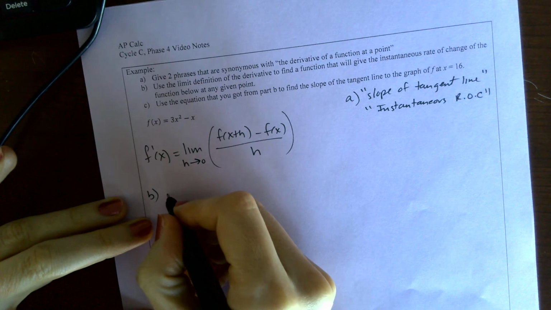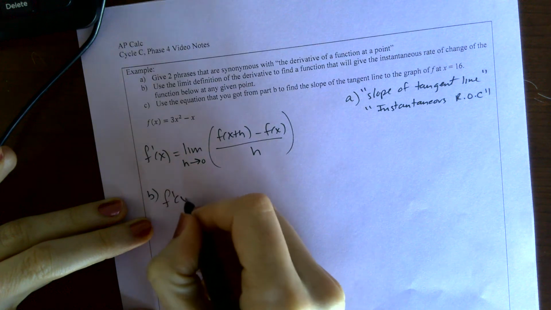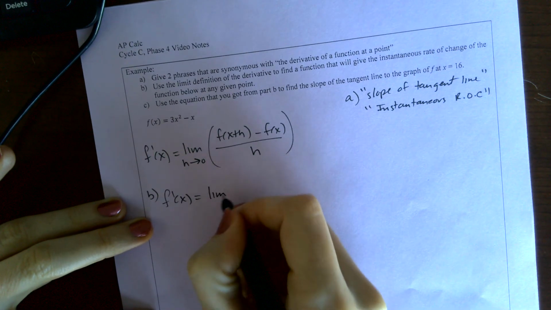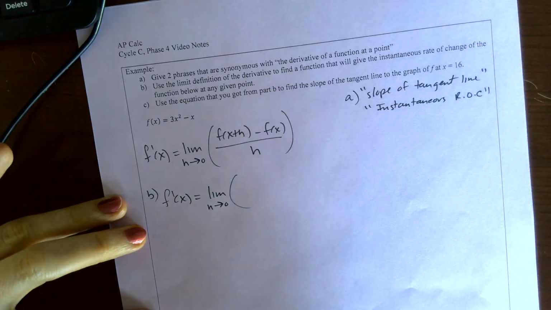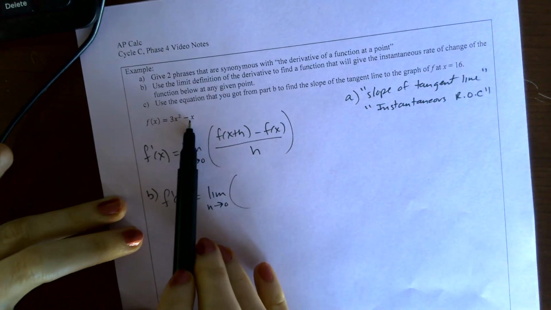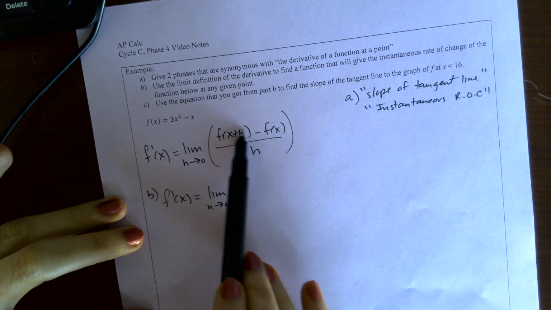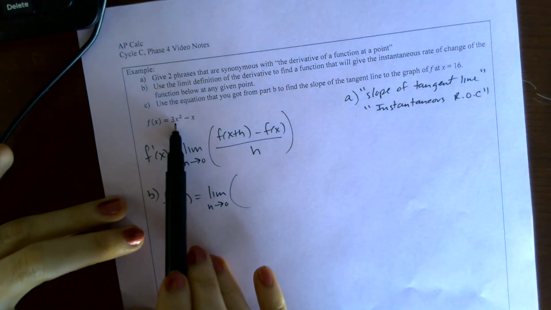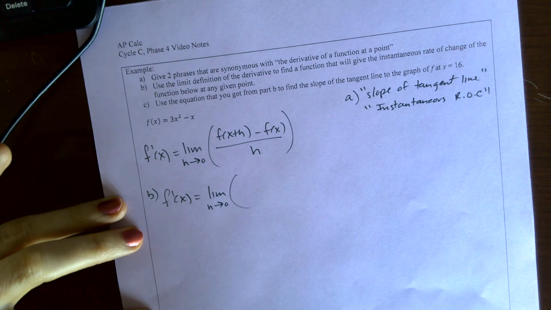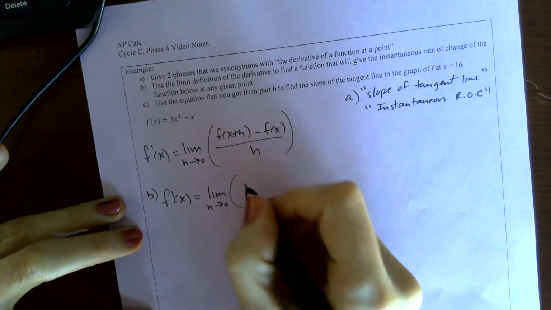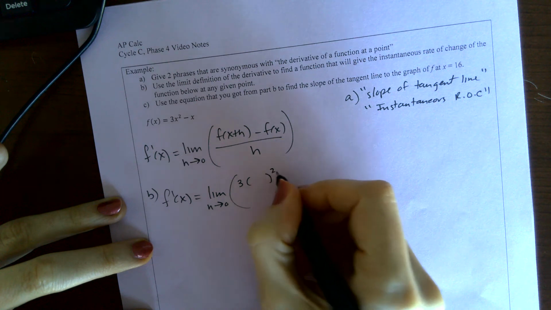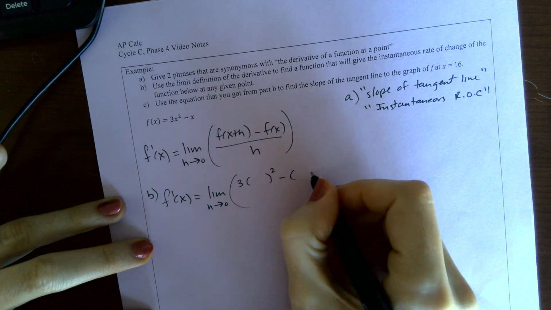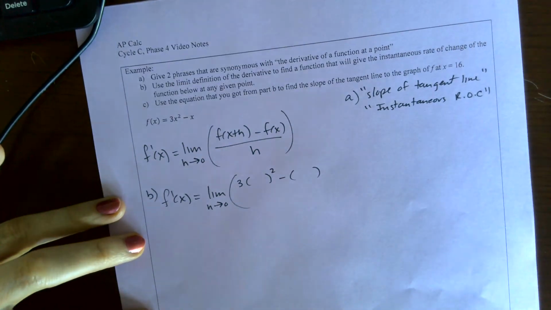So f prime of x equals the limit as h approaches 0. And now this is f of x plus h, where I'm putting an x plus h in where the x was. So let me use blanks for a second. This is going to be 3 blank squared minus blank.